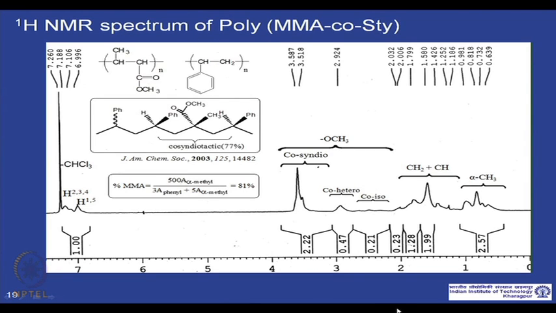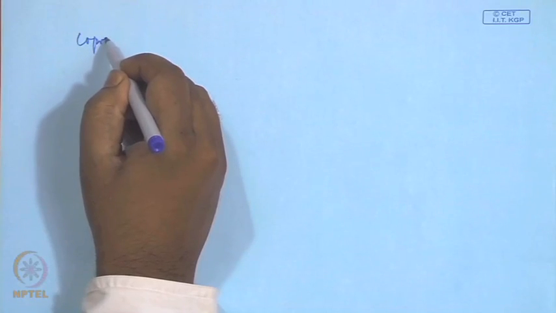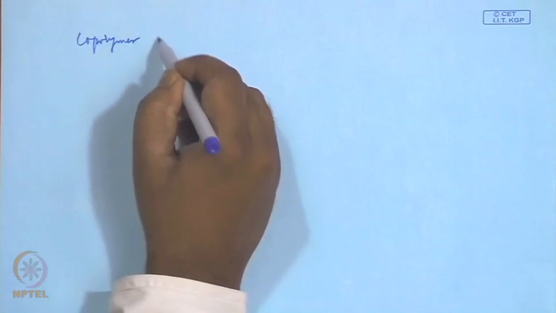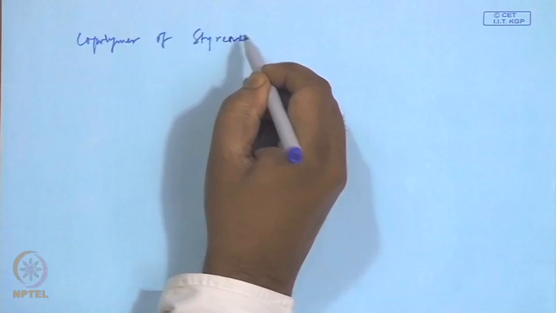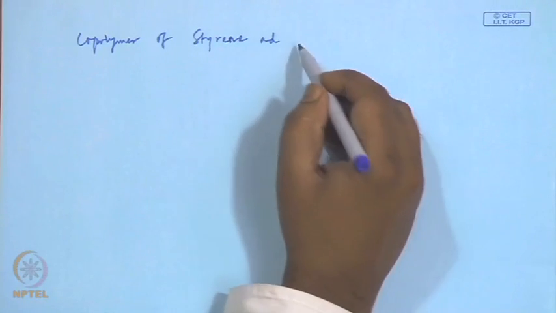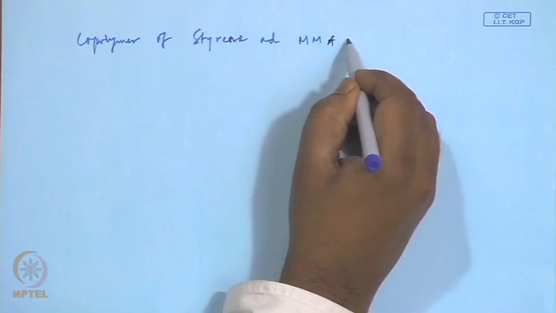Now, this is the spectra for a copolymer of MMA and styrene. So, this is a copolymer of styrene and MMA, methyl methacrylate.